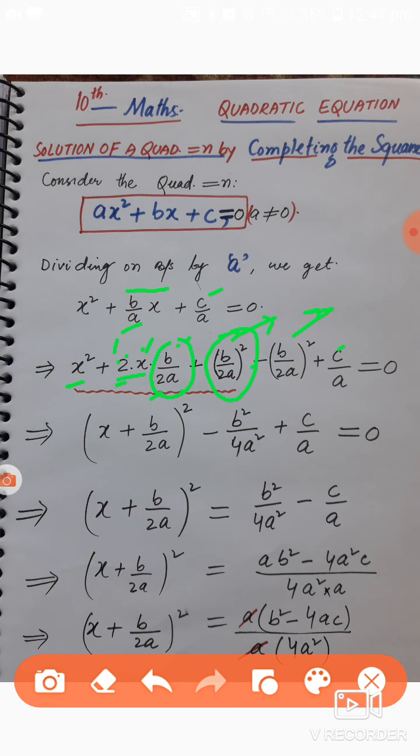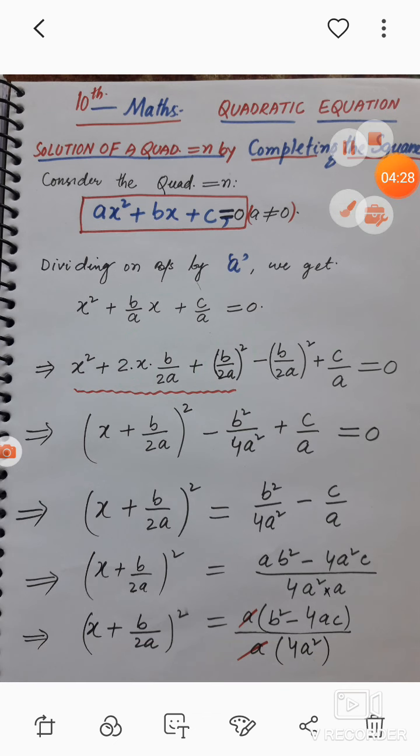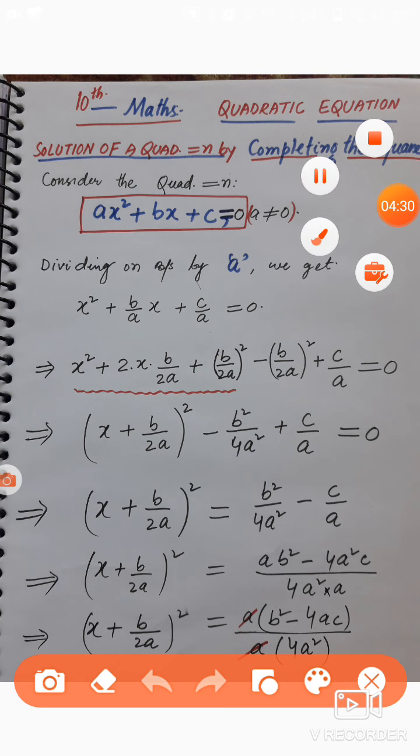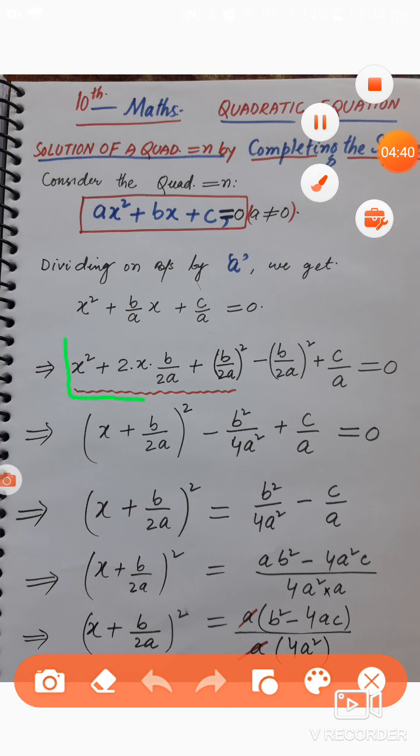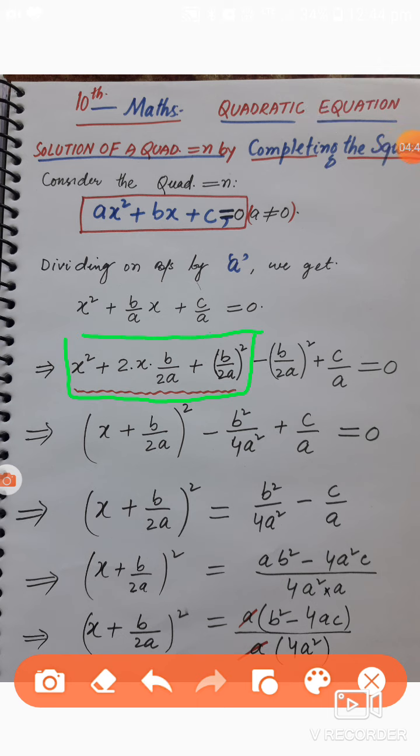Now what has happened to the equation? In this way we have completed the square, that is a square plus 2ab plus b square.